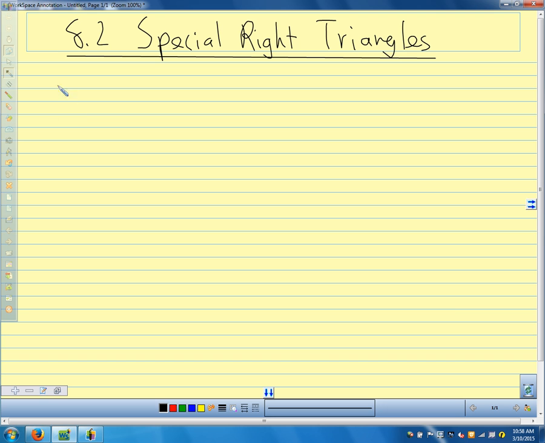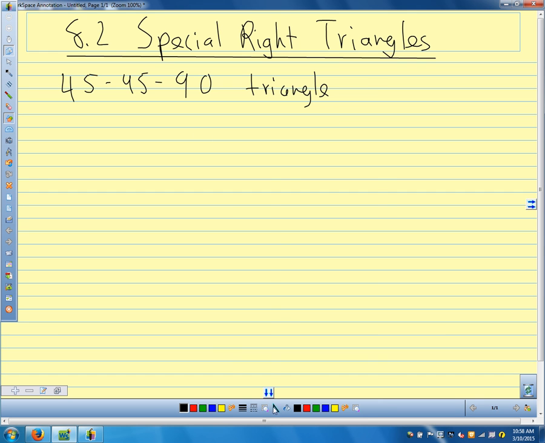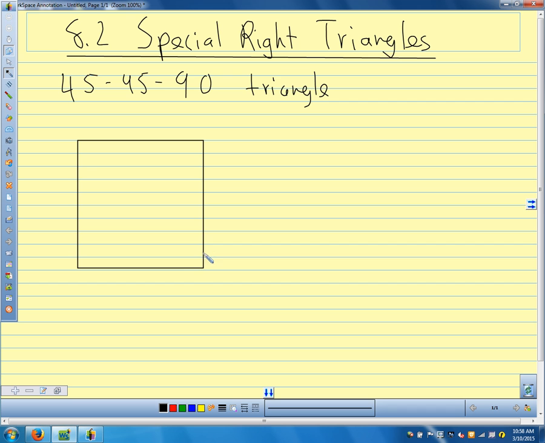So the first one we're going to talk about is a 45-45-90 triangle. And to figure out how these work, we're going to start with a square. So there's my square, and we know that that's a 90-degree angle. And we'll say the sides of the square are 1 and 1.